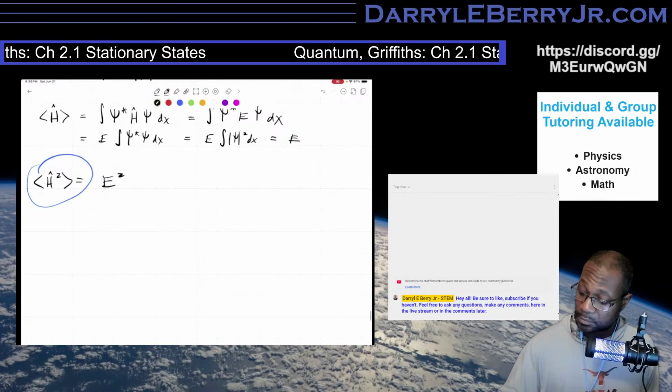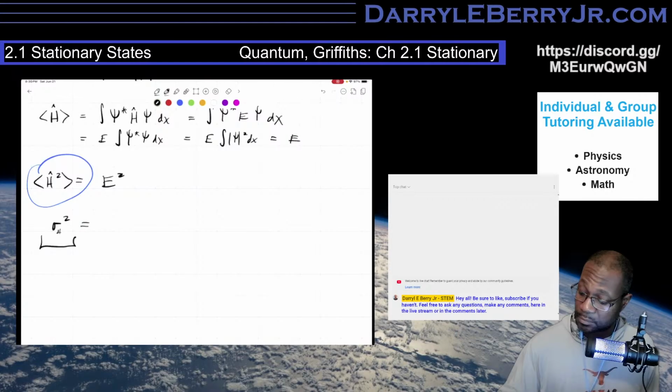And what this means is, remember a few videos ago when we did the variance and standard deviation, the variance is the standard deviation squared.